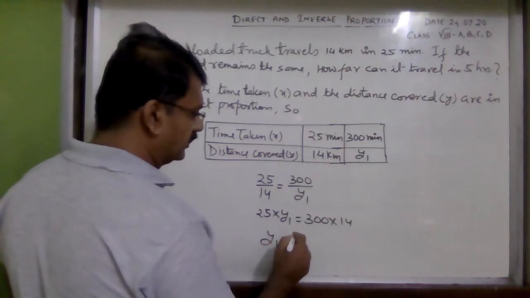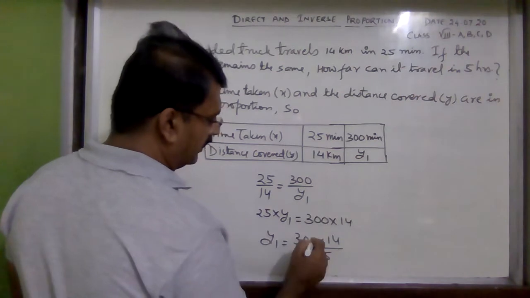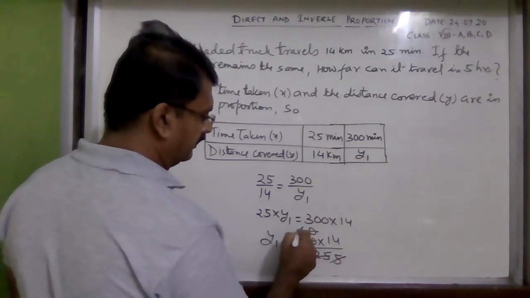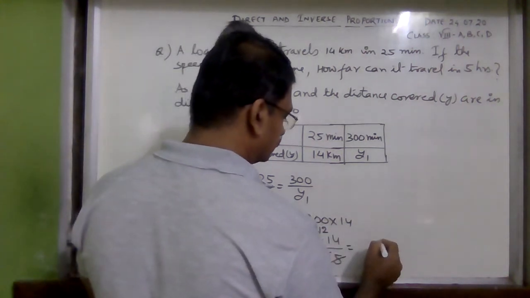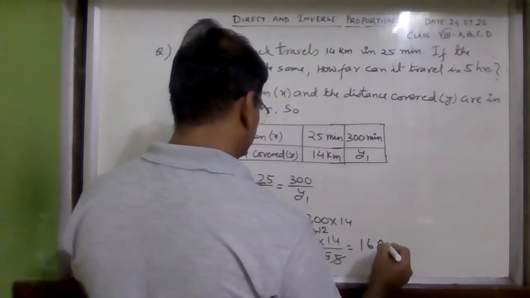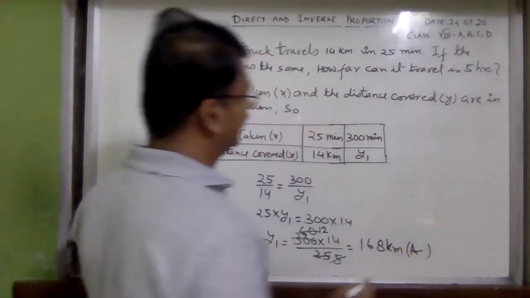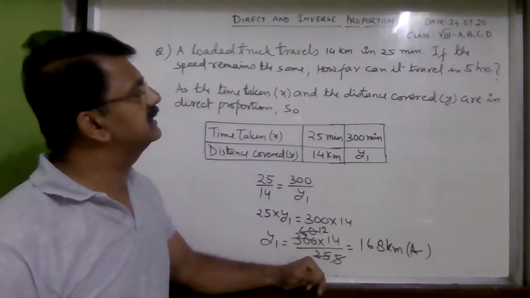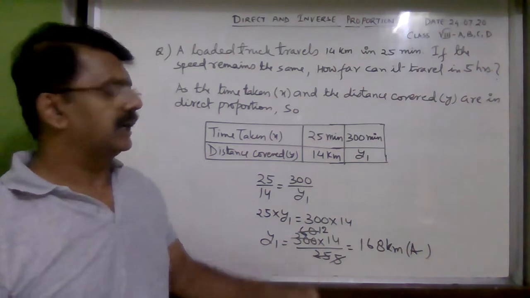So y1 is equal to 300 into 14 upon 25, cancel by 5, again by 5. So 12 into 14, 168 kilometers is the answer. The truck will cover a distance of 168 kilometers in 5 hours. Clear? Now the next question.